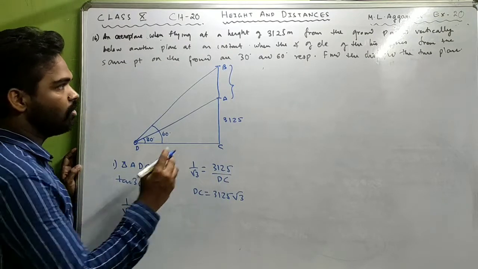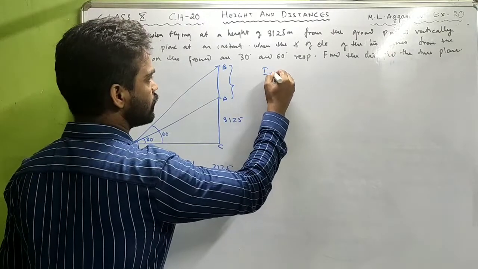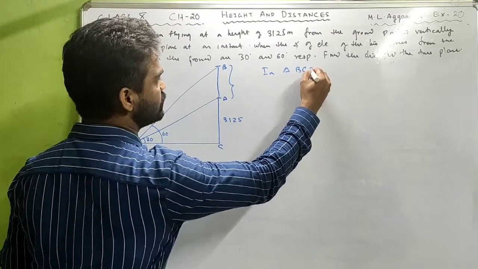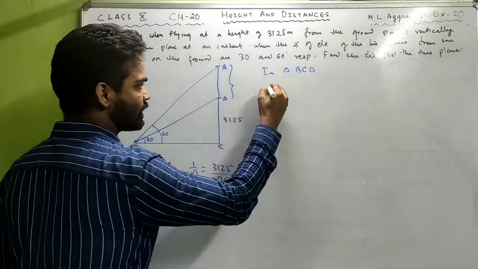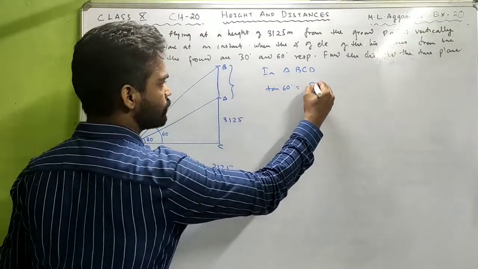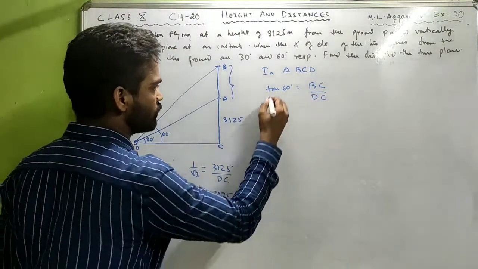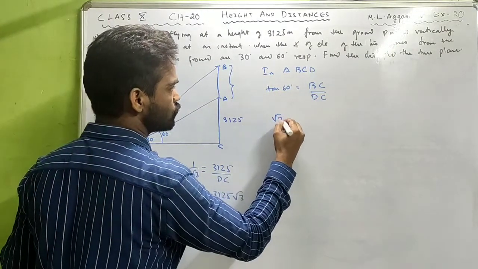Okay. Now look in triangle BCD. In triangle BCD, tan 60 degree is BC by DC, isn't it? Just substitute the value. Tan 60 we know is root 3.